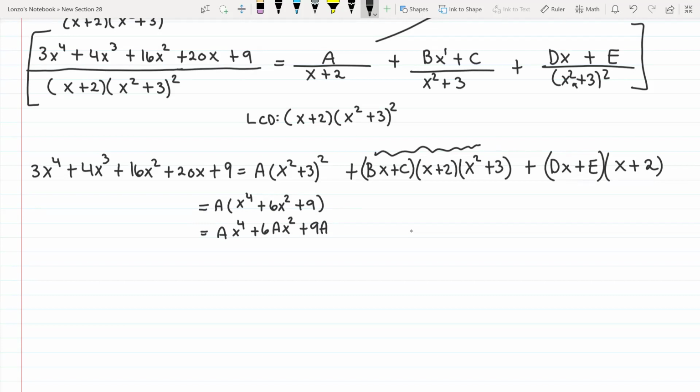And then when you FOIL this whole thing out, I'm just going to write it out. It's going to be bx to the 4th plus 3bx squared plus 2bx cubed. So basically when you FOIL all of that out, you're going to get this.